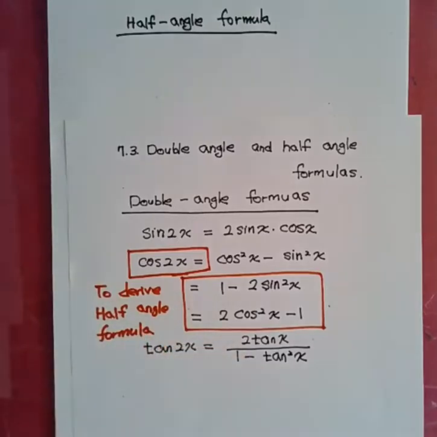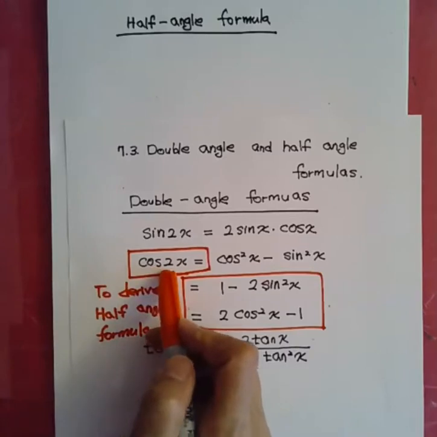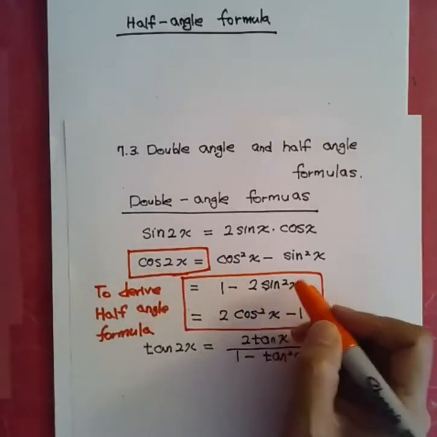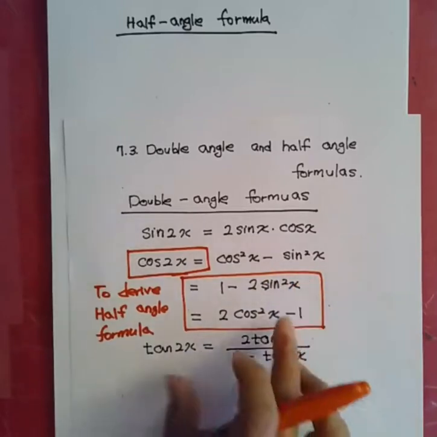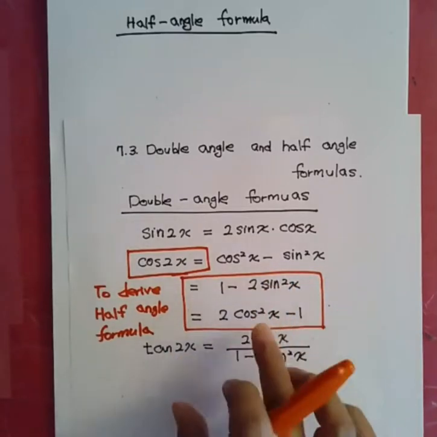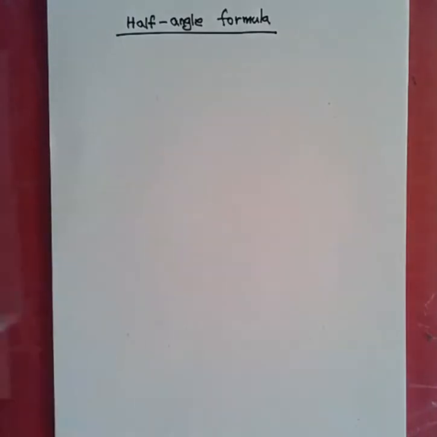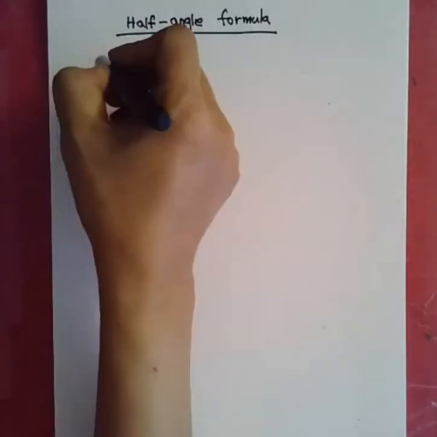All you have to do is, after you fix 2x as x and x as half of 2x, so x over 2, you will solve for sine or cosine to get the half angle formula. I will not go through the details.